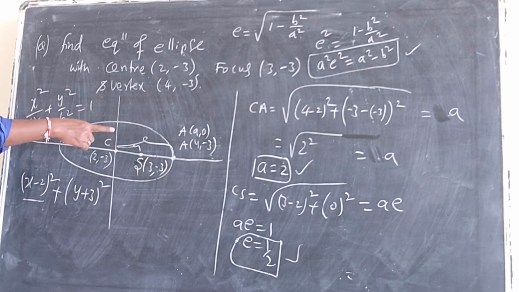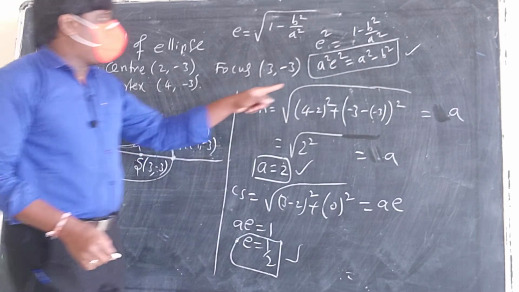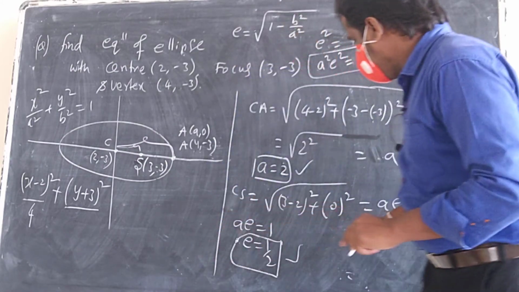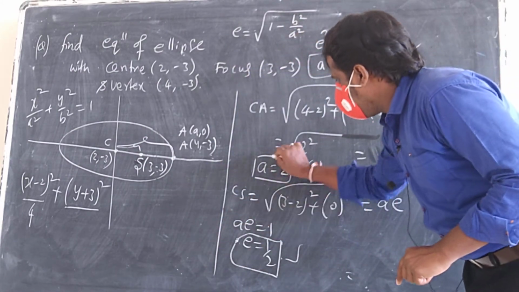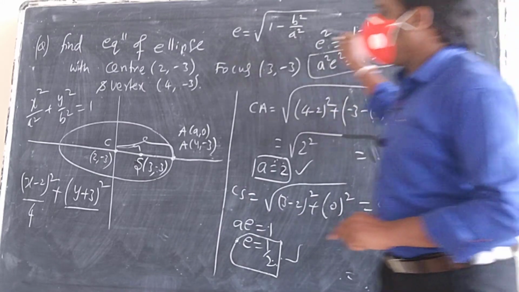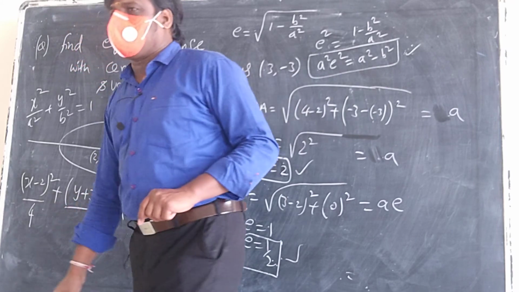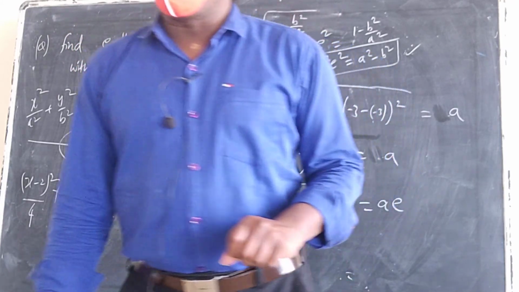What is A you got? 2. 2 square is how much? 4. And B square, how will you get it? After substituting the A and E value here, you will get B. That you will substitute here, and that is equal to 1. That is the equation of the ellipse. Right, find out the B value.